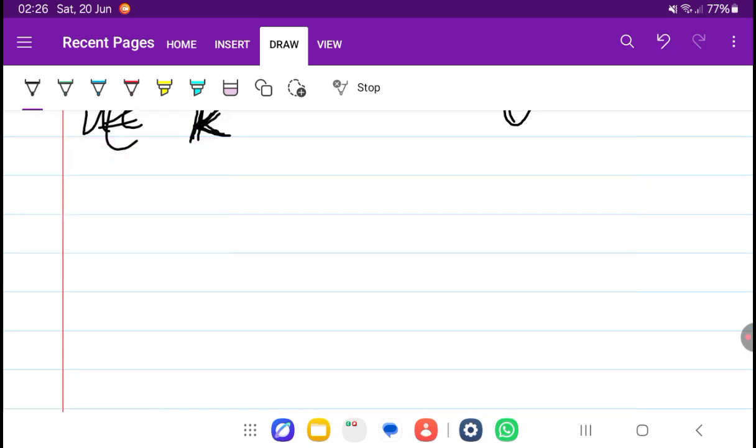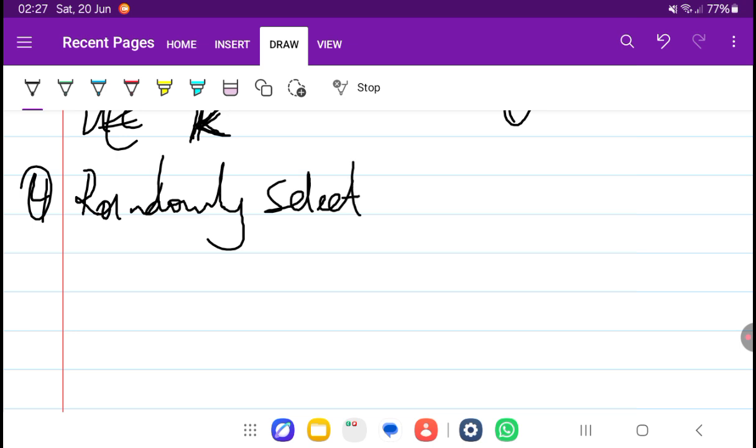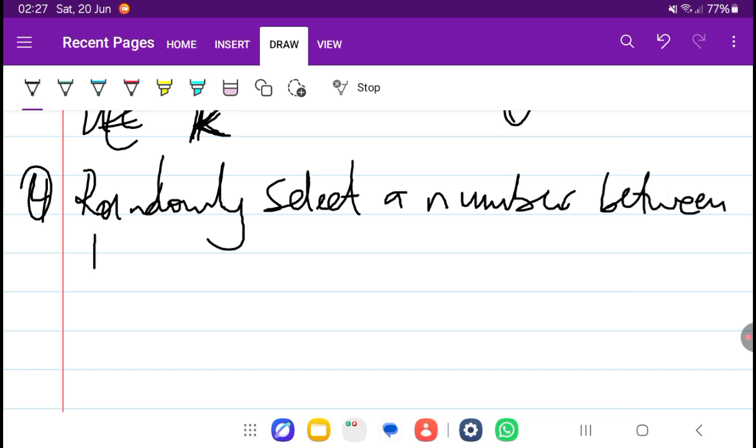The fourth step is to randomly select a number between 1 and k.